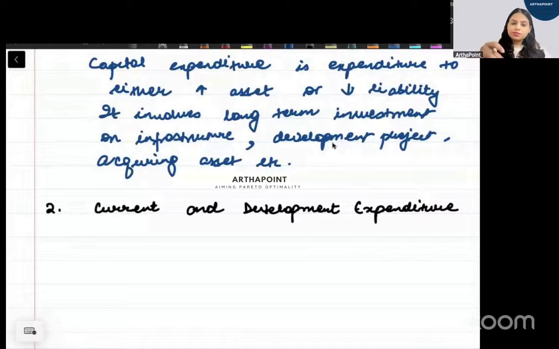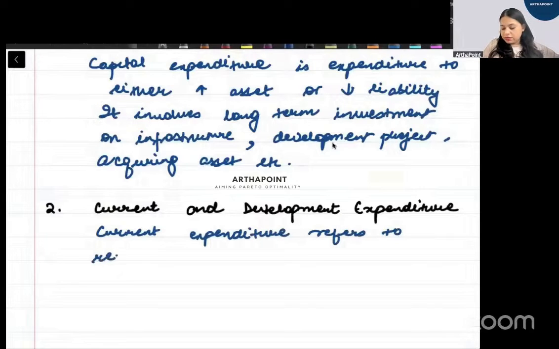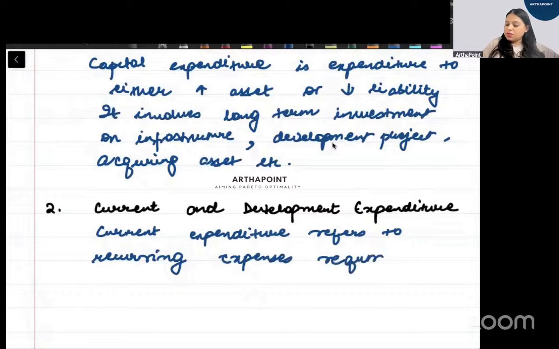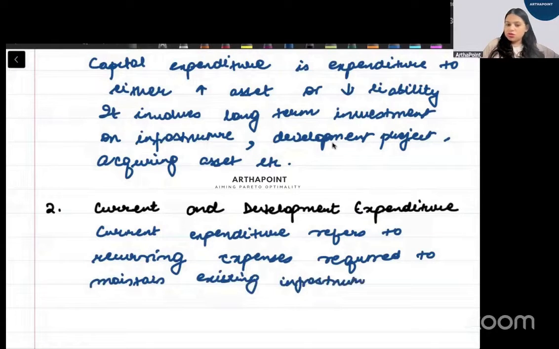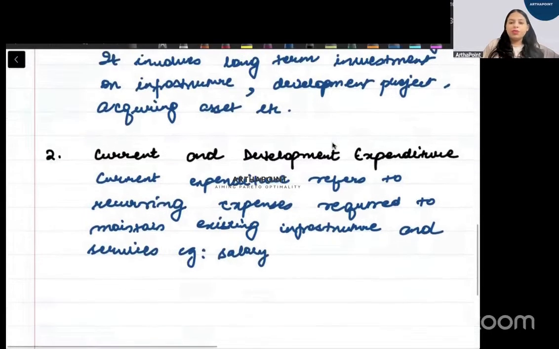So please write down. Current expenditure refers to recurring expenses required to maintain existing infrastructure and services, like salary of the employees, right?